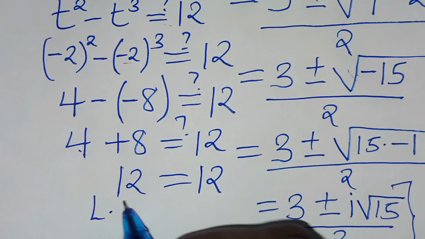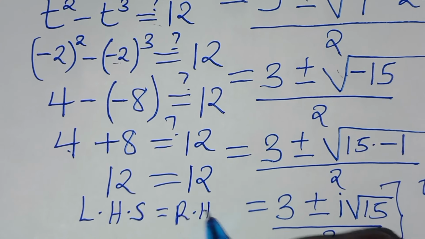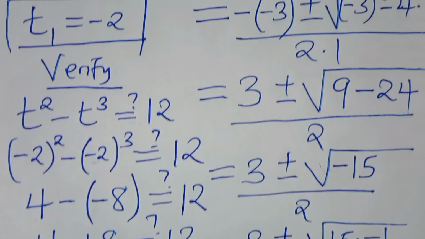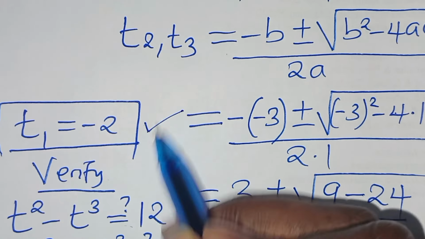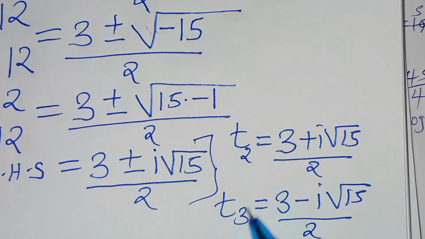So this implies that the left hand side is equal to the right hand side. And this implies that we have three solutions to this algebra problem. One real solution and two complex solutions here.